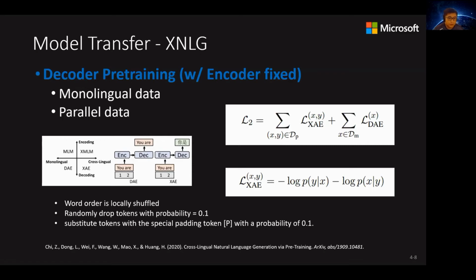The model is trained to recover the original text conditioned on this noised text after these three types of noising operations. For the parallel corpus, machine translation is treated as the XAE task, which is short for cross-lingual autoencoder, by translating in both directions, from language X to language Y and from language Y to language X.